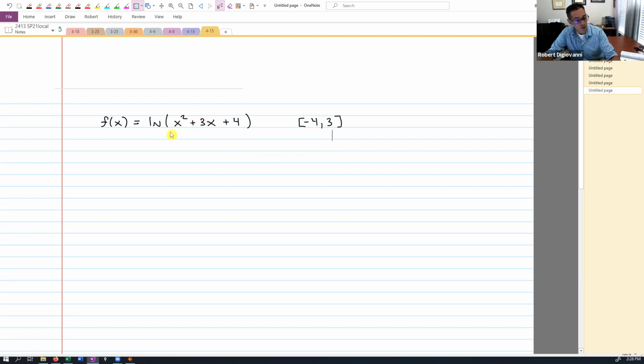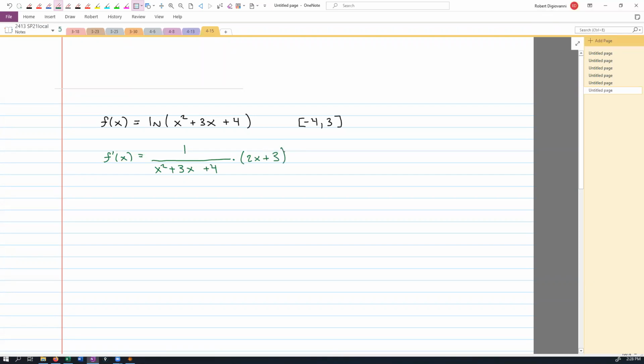Now, let's start doing the derivative because we're going to need it, right? So the derivative of natural log of something is 1 over it, times the derivative of what's inside, 2x plus 3. You'll agree? Yes.